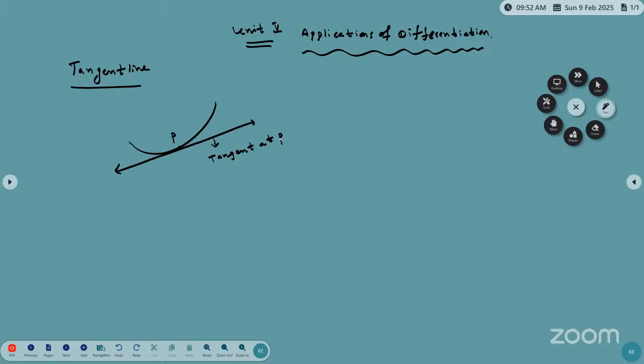Yes, this is the tangent at P. The tangent to a curve is a straight line which touches the curve at how many points? 1 point.